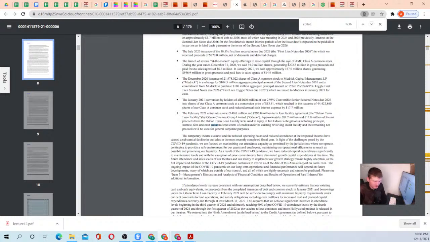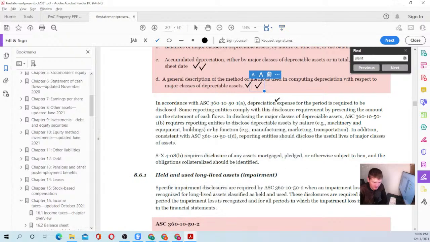Okay, we do not actually have much information about pledged assets at AMC, so we don't know if they disclosed much. They disclosed some pledges and collaterals, but they were not very specific about that. So we can probably give them a tick mark on that matter.